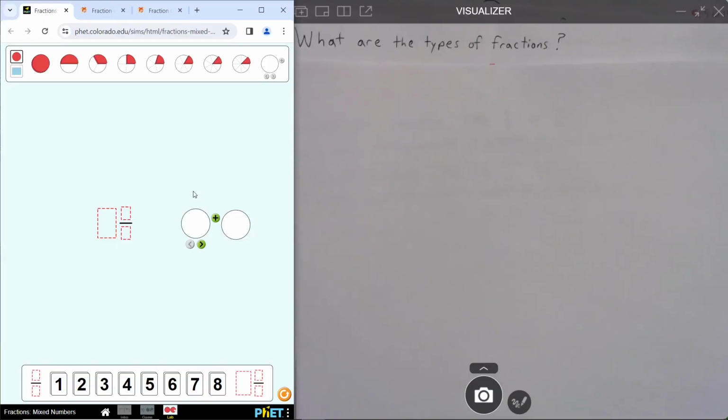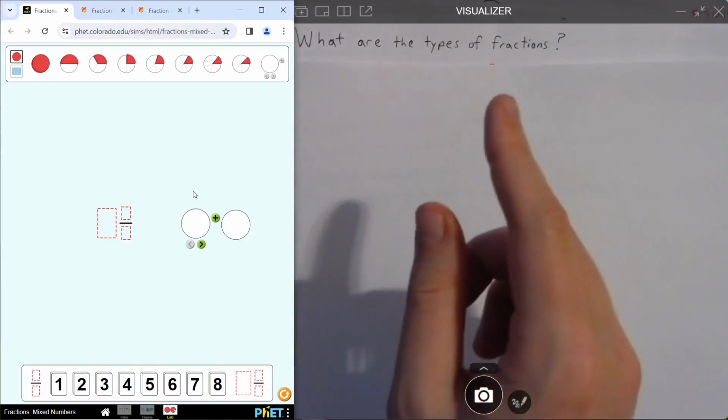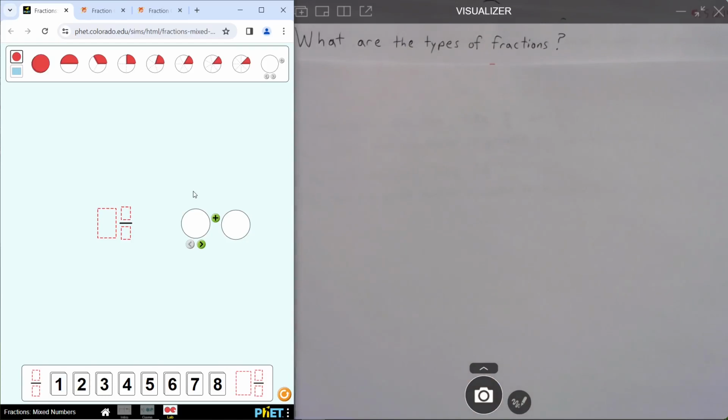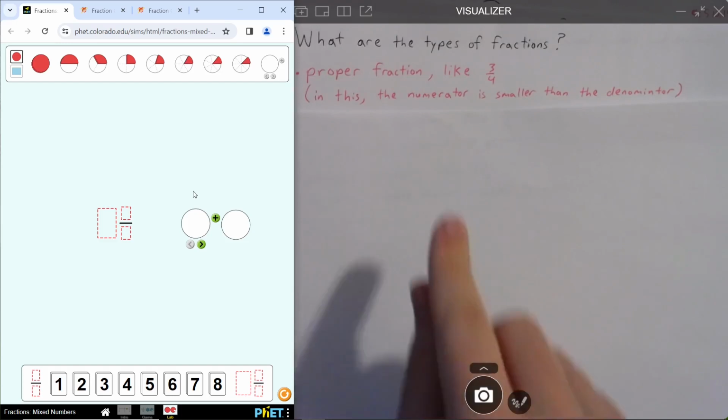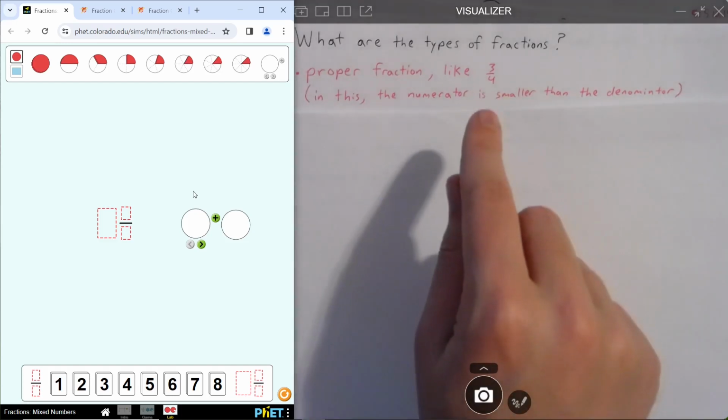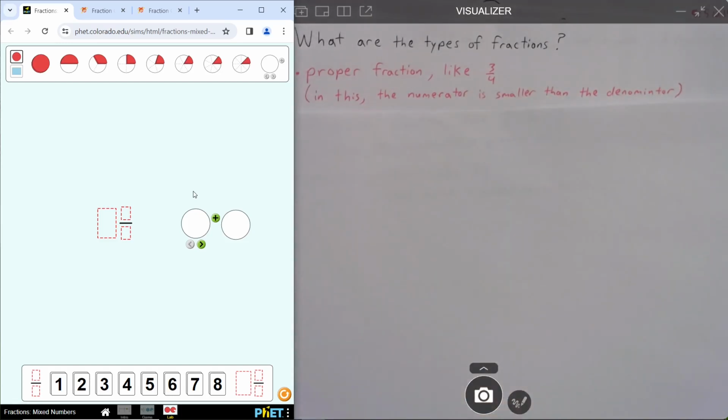So moving on, let's discuss what the types of fractions are. One type is called a proper fraction. That would be like our previous example of 3/4. In this, the numerator is smaller than the denominator, meaning the top part is not as large as the bottom part.